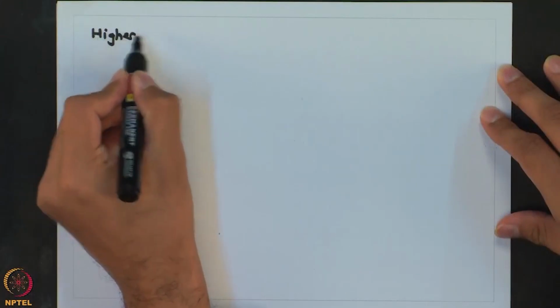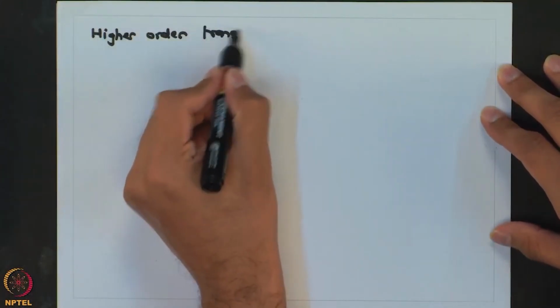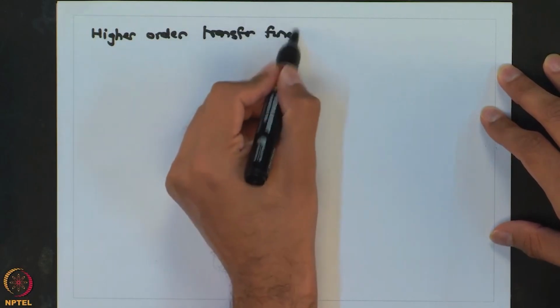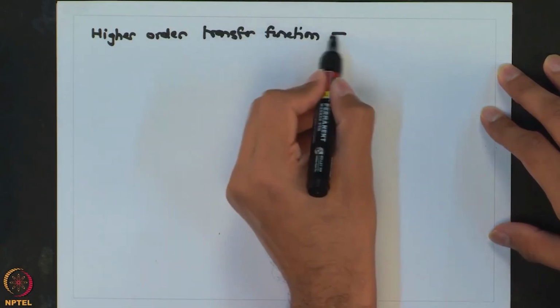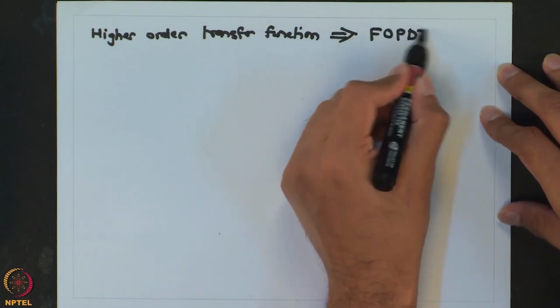So we'll start with the case when we have the actual transfer function between the input and the output. So what we have is a higher order transfer function which we want to approximate into a first order plus dead time model.